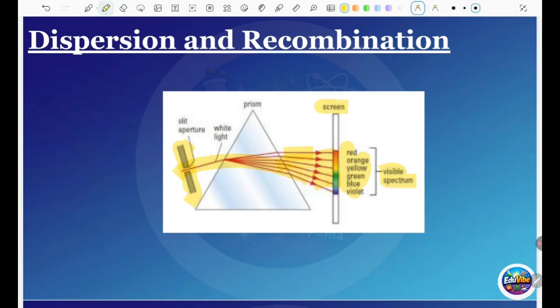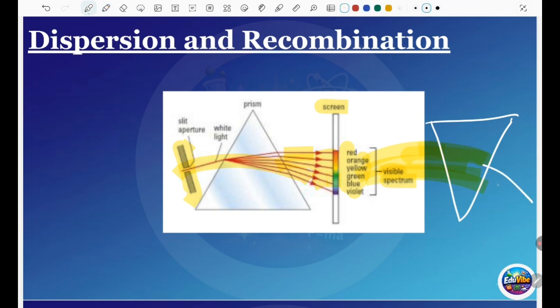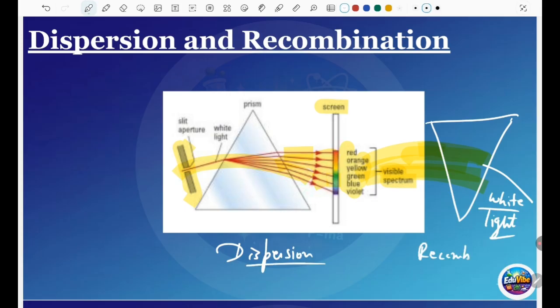If you place another upside down triangle prism and all the colors pass through it, you get a single white light again. This is recombination, and this is the dispersion.